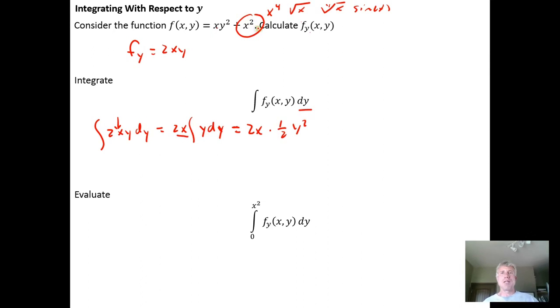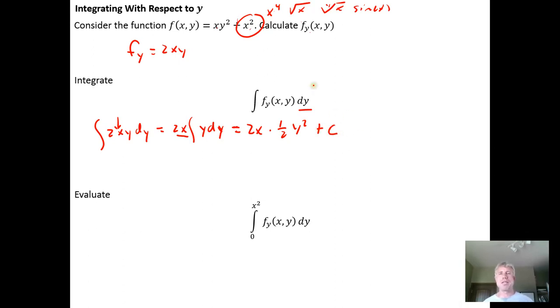Notice that we don't get the x squared back. We're integrating with respect to y. There's no way without seeing the x squared to know what our function started with in terms of just functions of x. Any function of x would have evaluated to 0. So we wind up having to put that constant of integration on.